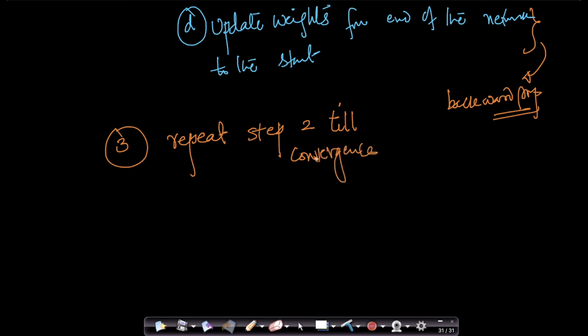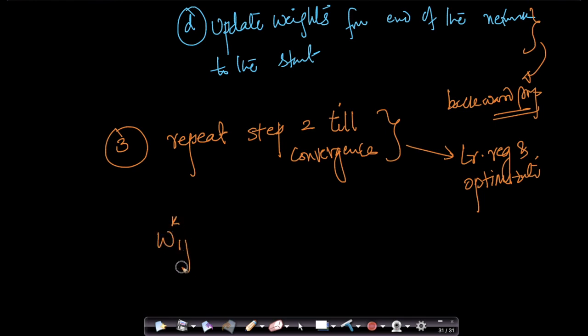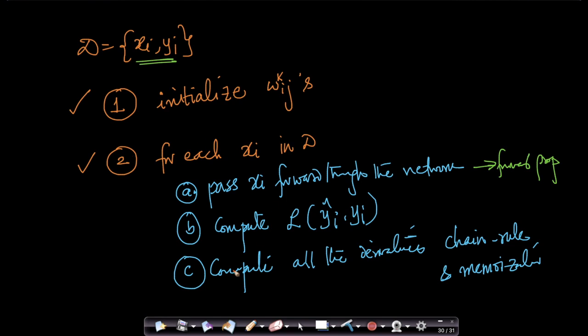We know what convergence is. We learned this concept of convergence in the chapter on linear regression and optimization. Suppose I have weights wkij. First, let's assume I ran all of my points.